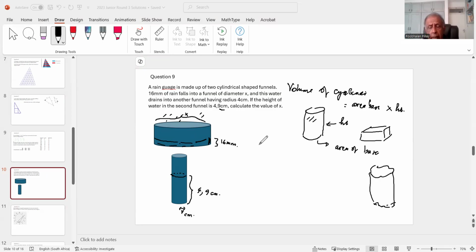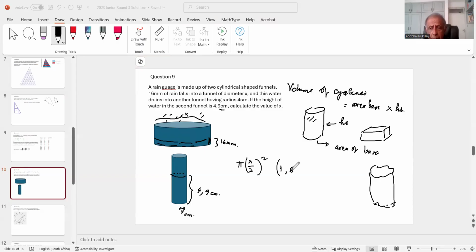The area of a circle is pi r squared. So if the diameter is x, the radius is x over 2. So you got pi times x over 2 squared. That's the area of the base, multiplied by the height, which is 16 millimeters.